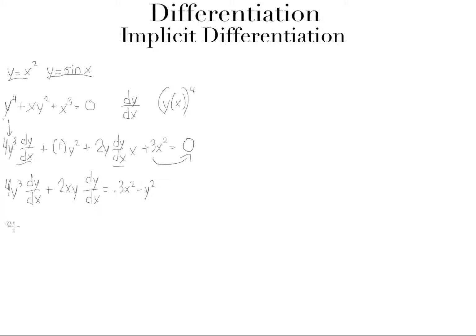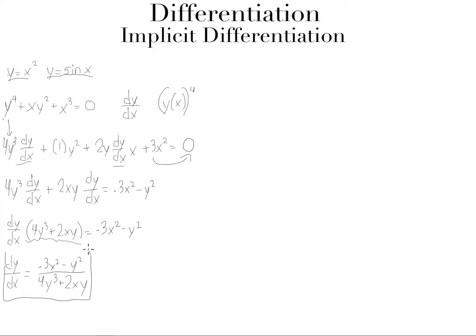And now, factoring out dy dx, we have dy dx times the quantity 4y cubed plus 2xy equals negative 3x squared minus y squared. And finally, dividing by this term in parentheses, we have dy dx equals negative 3x squared minus y squared over 4y cubed plus 2xy. And that is our final answer.